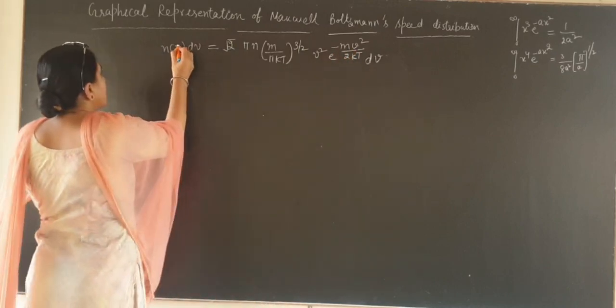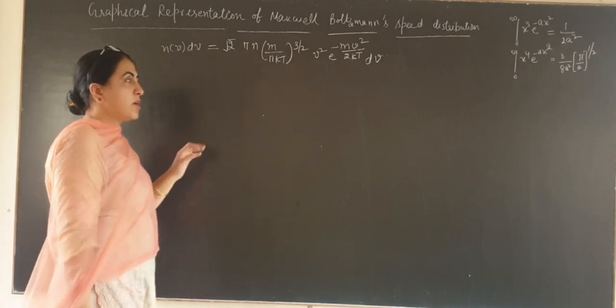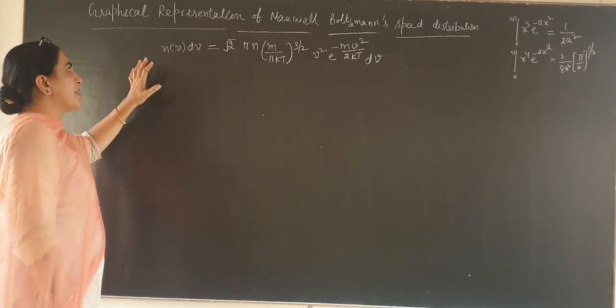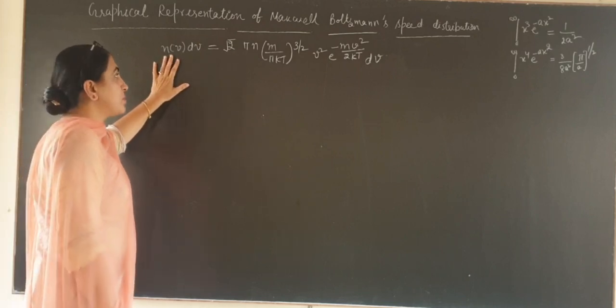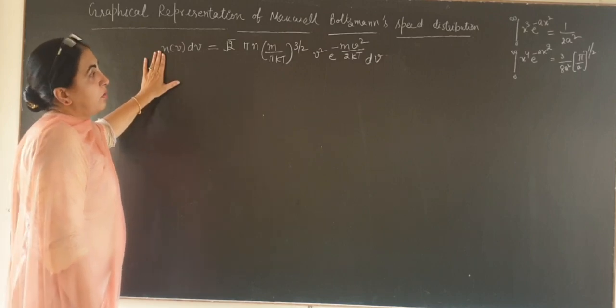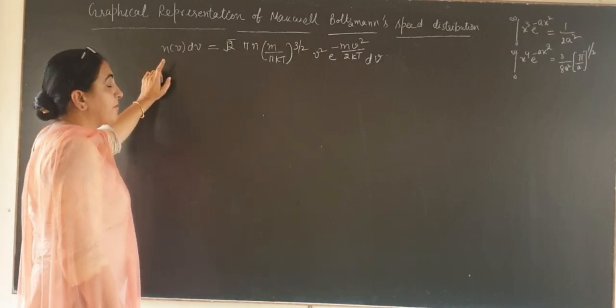This is the Maxwell-Boltzmann distribution law for velocities. Clear? Now we will draw a graph between the fraction of molecules and velocity.